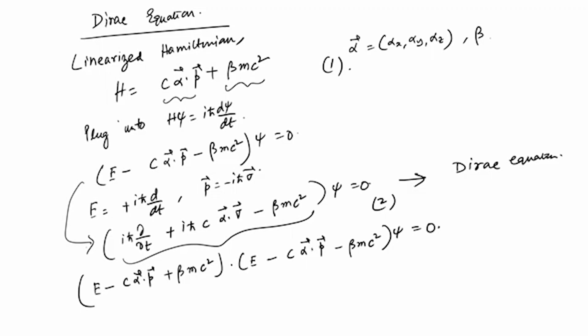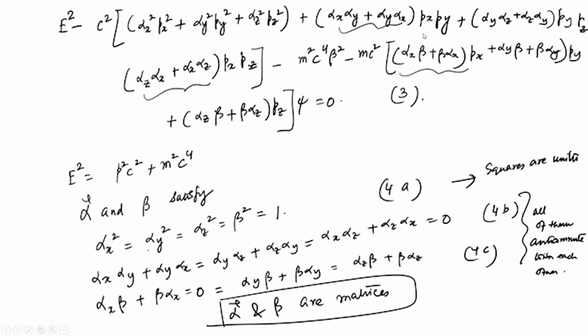And in order to get further insights into the problem, we multiplied these operators from the left onto this Dirac equation, the same operator that appears in the Dirac equation. Once that is done, we get a long equation including the px square, py square, pz square terms, and then the cross terms px py, and the terms that are linear in p, and also one term that is completely independent of p and depends on the rest mass energy.